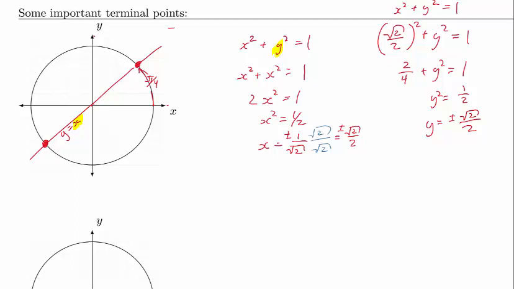Because everything in quadrant 1 is going to be positive, positive. Everything in quadrant 4 over here is going to be negative, negative. Alright, so that's it. We've got our points. We have here root 2 over 2, root 2 over 2. And that is the terminal point for the terminal length pi over 4.